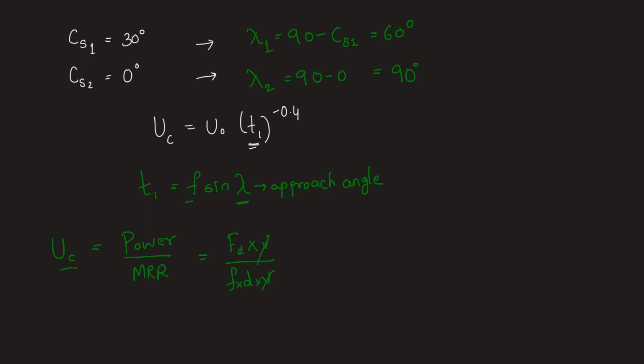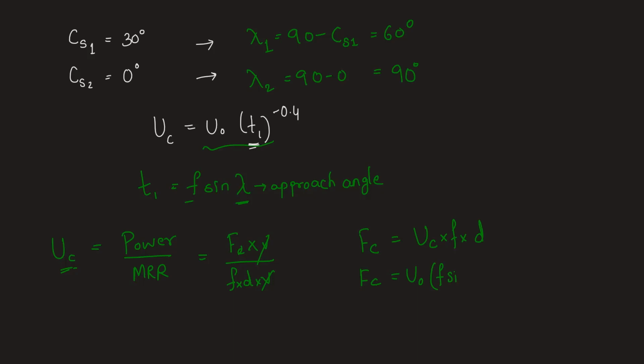So by rearranging this, we have FC in terms of specific cutting energy. FC is equal to UC into F into D. Substituting the value of UC from here, we will have FC equal to U naught into T1, which is nothing but F sine lambda.